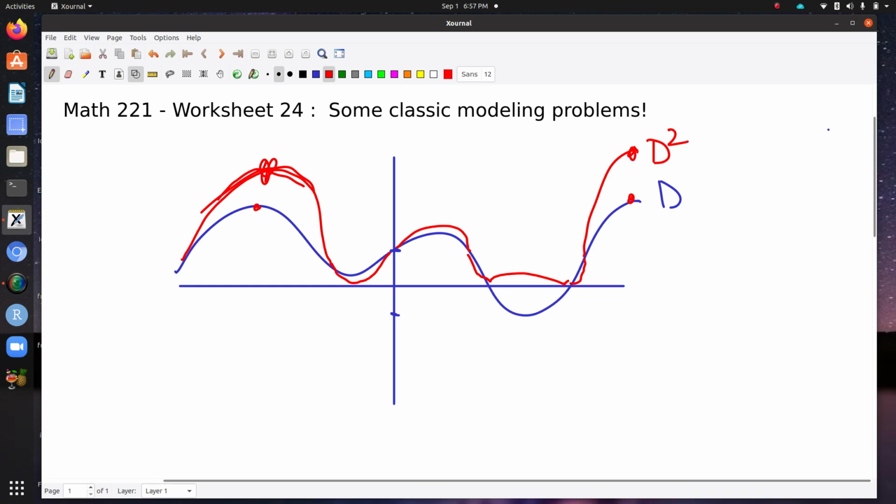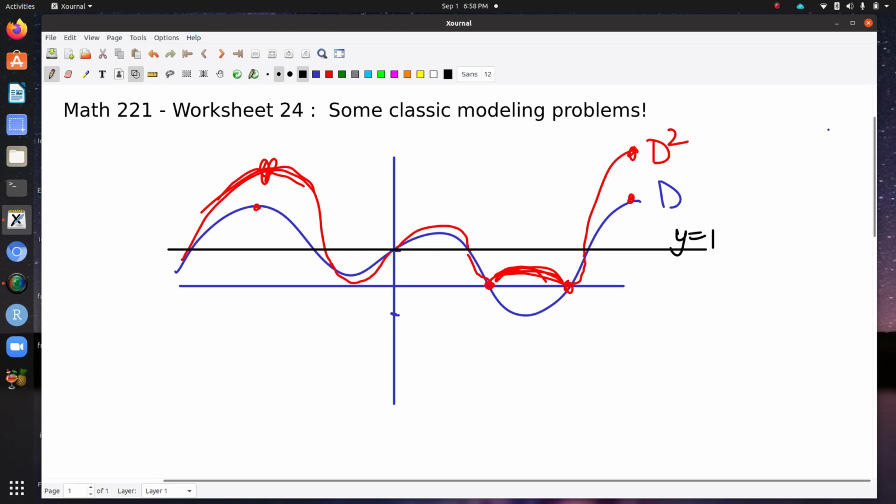It's going to have the same zeros, but wherever d is negative, d squared will be positive. So maybe I should have made it more like this. It flips up somehow. But the point is, it's still monotonic, and everything above the line y equals 1, the red line is going to be above the blue line, and everything below the y equals 1 line, the red line is going to be below the blue line.